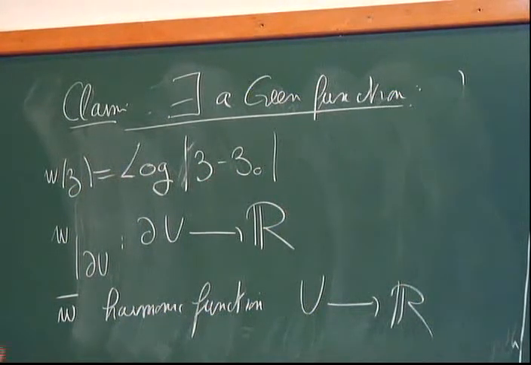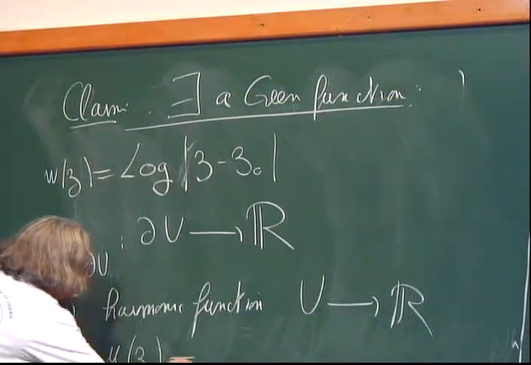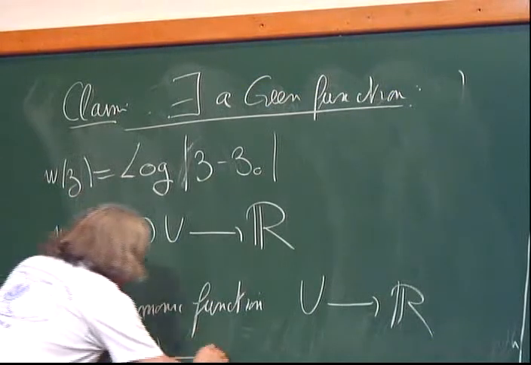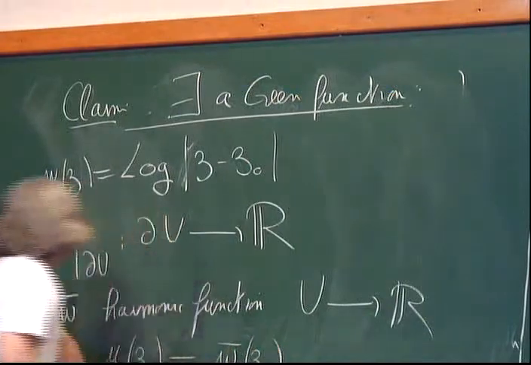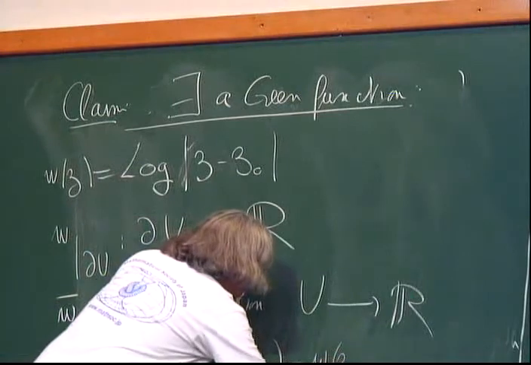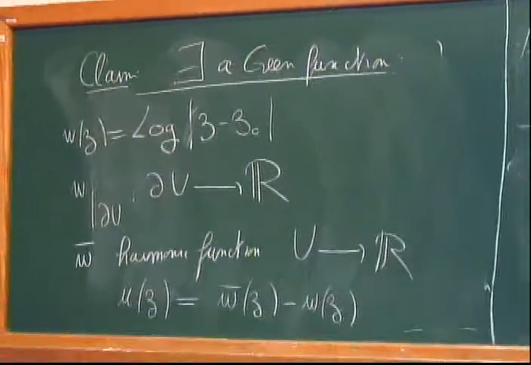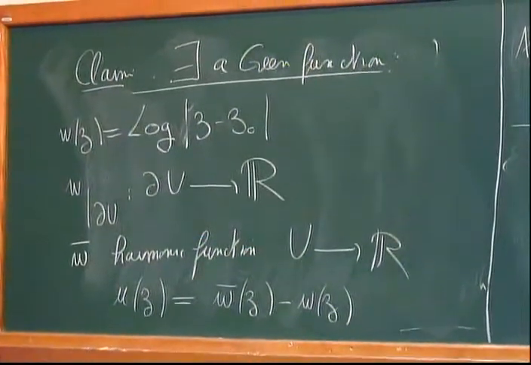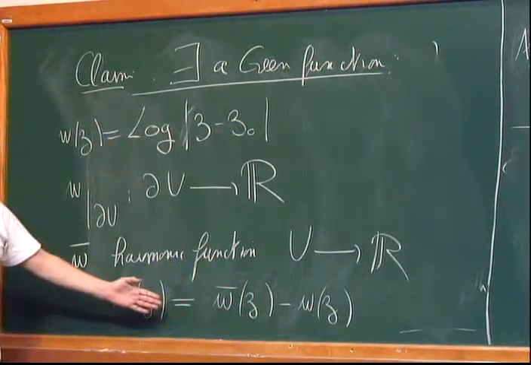Now what you do is you define u of z to be equal to w bar of z minus or plus, I don't know, w of z. Am I right? Yes. I claim this is a Green function. Why? Away from z0, it's the difference of two harmonic functions.